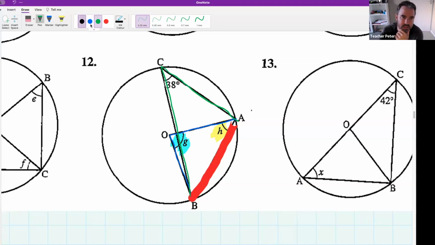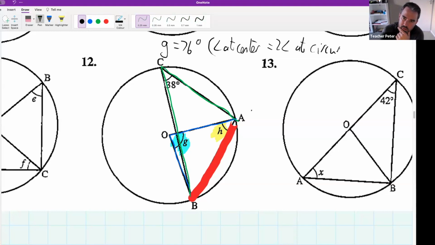So for me, I would say that G is 76 degrees, and angle at center equals twice angle at circumference. So this is 76 degrees.